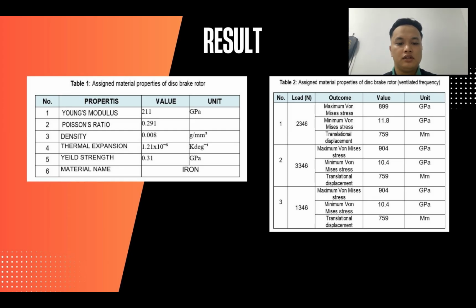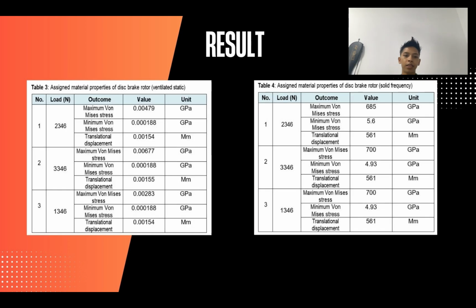Number 3 is 1346 Newton load. The maximum von Mises stress is 904 gigapascal. Minimum is 10.4 gigapascal, and the translational displacement is 759 millimeter.